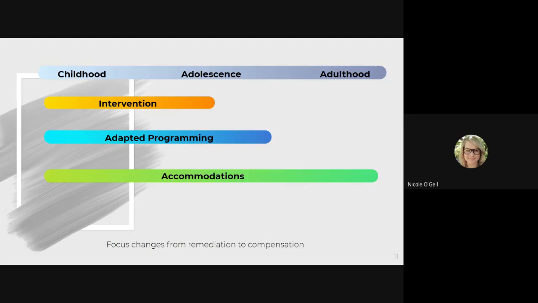And then when we look at maybe junior, senior high, we more so work on taking away the barriers for learning and taking away the barriers for students to demonstrate what they know. There's less successful intervention in this period. However, it's not that growth and progress stops. It certainly doesn't. You can still learn new skills, and most do.